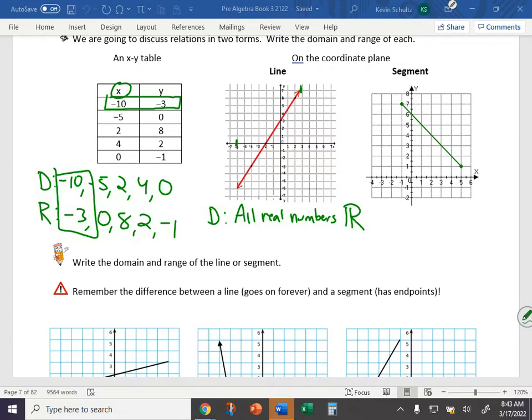That's the mathematical symbol that essentially means everything. So the domain of a line, because it extends on forever, is all real numbers, or you can just write this double-stemmed R, and that's the symbol.